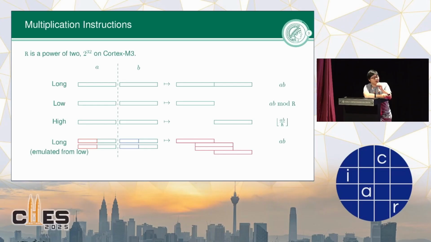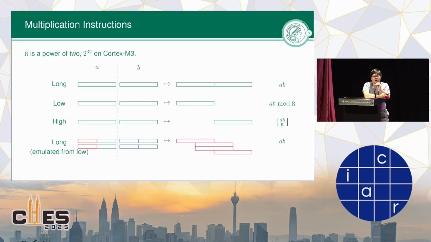A long multiplication grabs these two elements, computes the 64-bit full-size product and stores it into two registers. From the long product, we have two other multiplication instructions. The second one is a low multiplication instruction, which computes the lower 32 bits of the long product. Similarly, the high multiplication instruction computes the upper 32 bits of the long product.